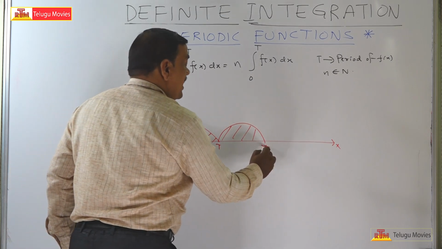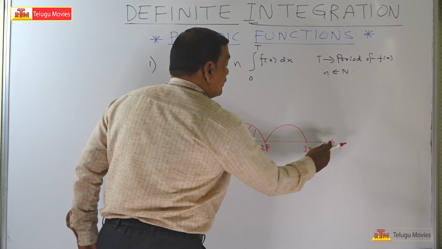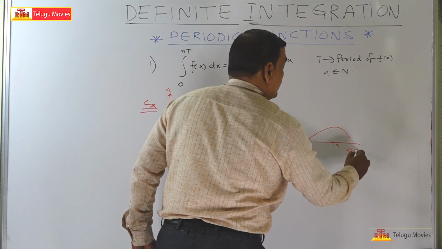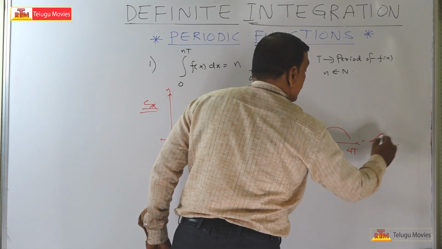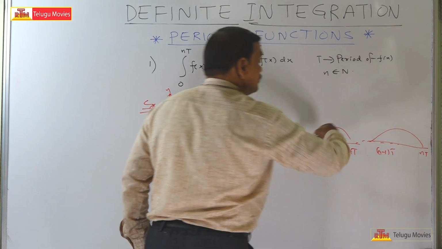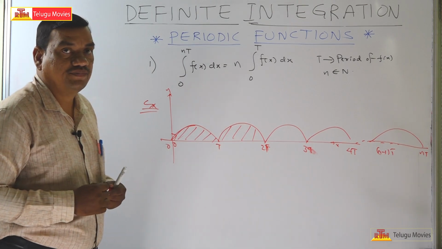Again 2T to 3T, 3T to 4T, and so on up to nT. So there are so many intervals, up to (n minus 1)T to nT.